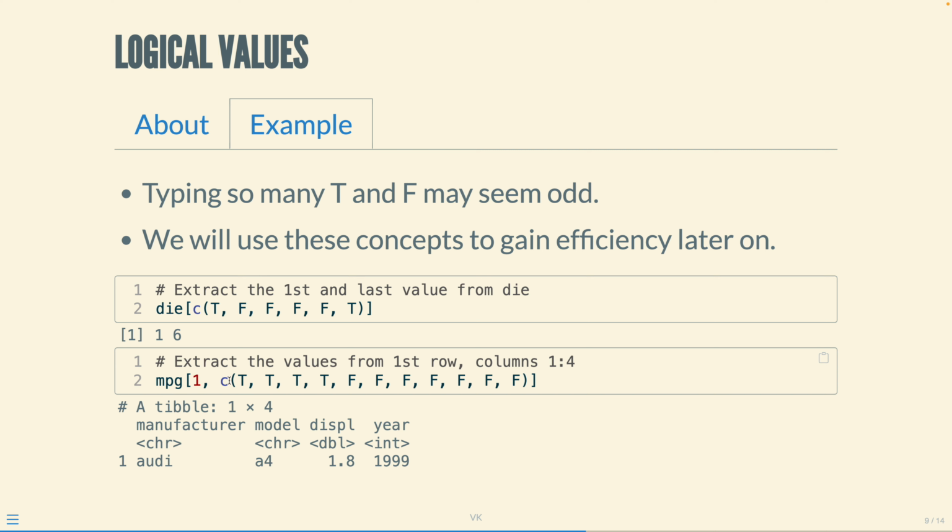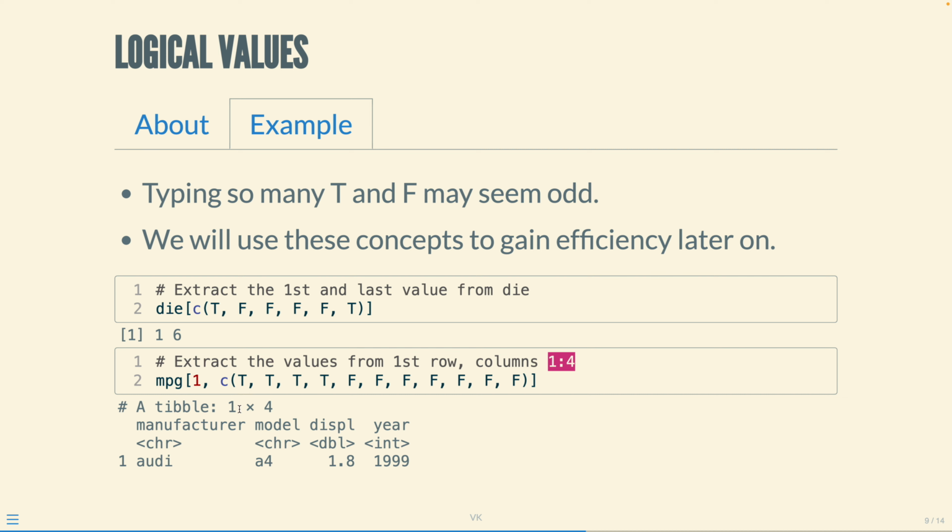But after the comma, you're going to supply R with this entire vector of TRUEs and FALSEs, which will only turn TRUE for the first 4 columns and FALSE otherwise, right? Because we want to only extract the first 4 columns.